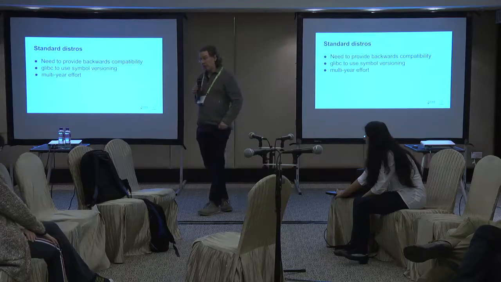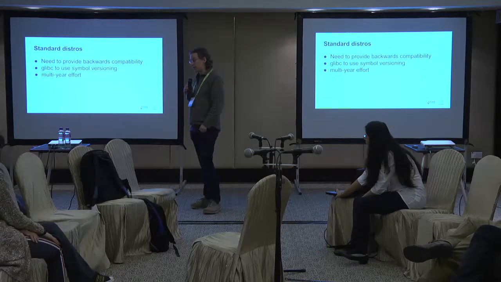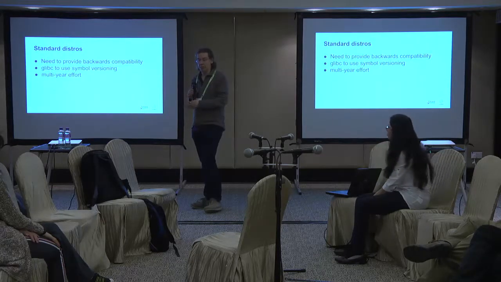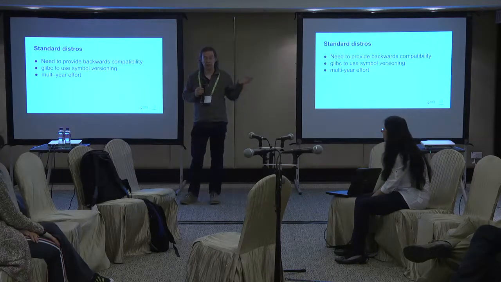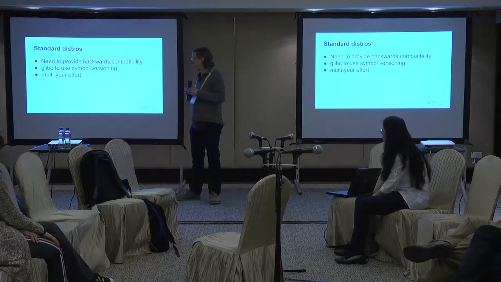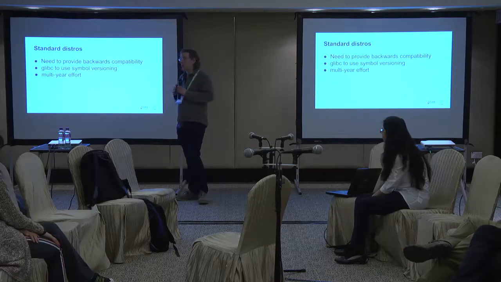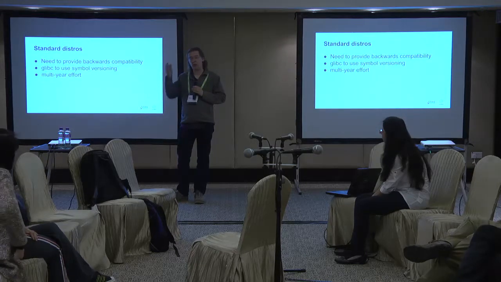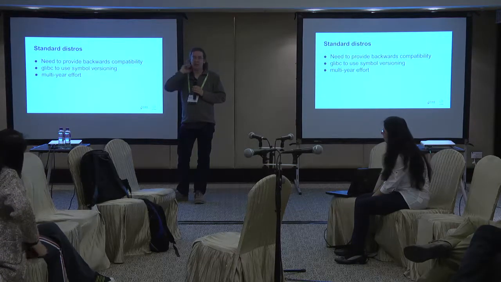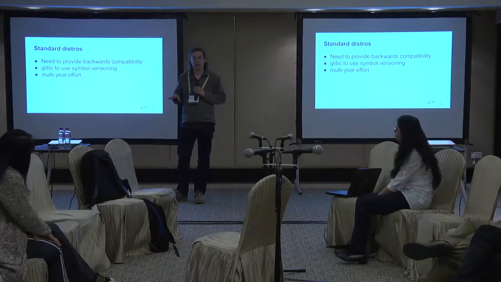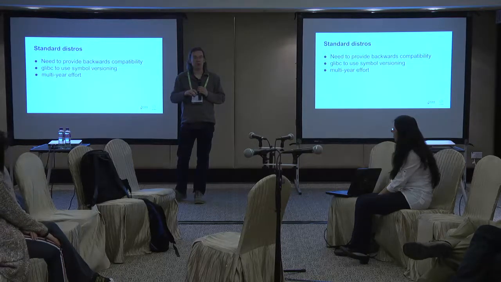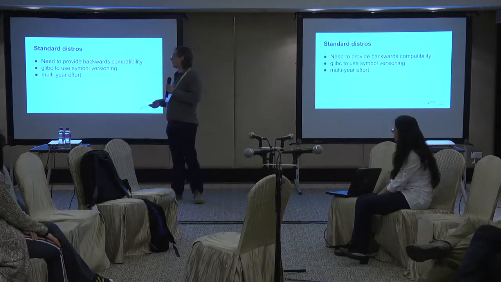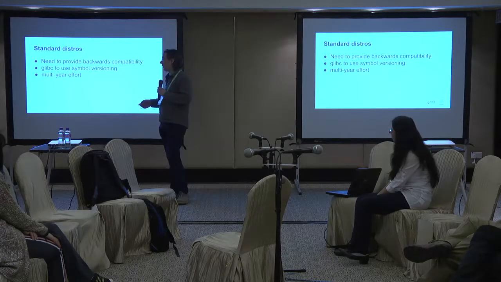The much harder problem are the standard distributions. So if you take something like Fedora, openSUSE, Red Hat Enterprise Linux, Debian, Ubuntu, any of these, you can't break compatibility. There's no way you can expect users to recompile all their applications. Even if the distro recompiles everything, you still want to run applications that users have already installed locally. So that's not an option.